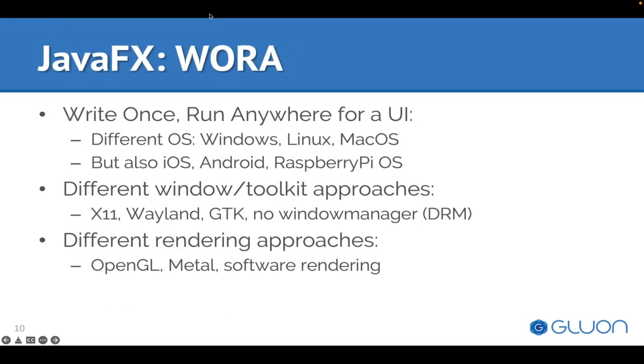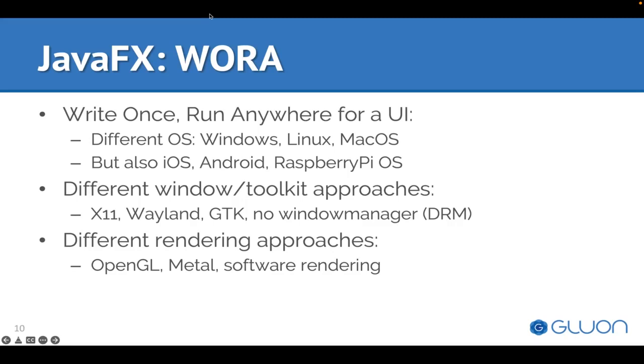So write once, run anywhere, or WORA. What does it actually mean for a user interface? If you're a Java developer, you know what it means for Java: your application runs on Windows and Mac and on Linux without you having to recompile the application. But what does it mean for a user interface? It's often more challenging, because it means that your user interface needs to run on different platforms.